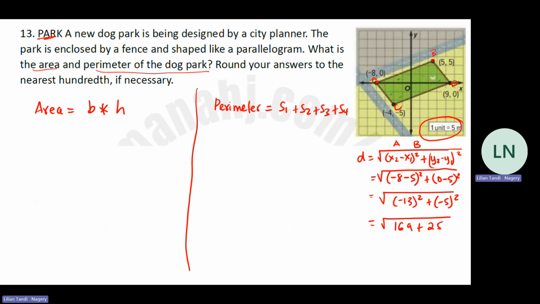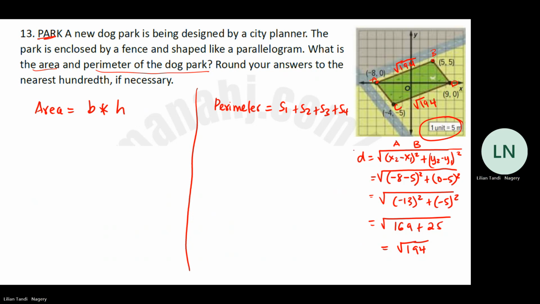Square root of 169 plus 25 is square root of 194. Okay. So here is square root of 194. So this one will also be square root of 194. Okay. Now let us find BD. Okay.